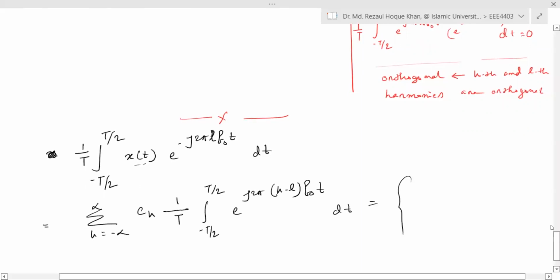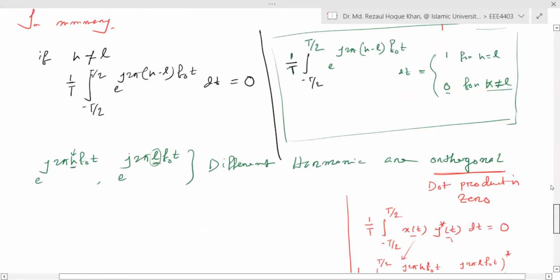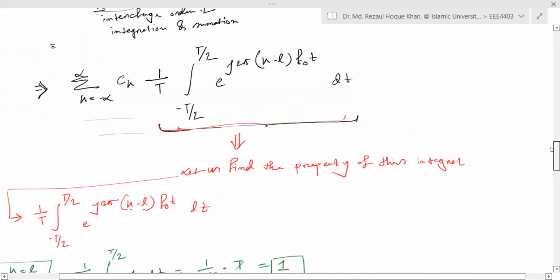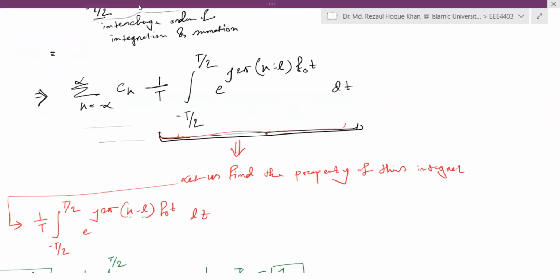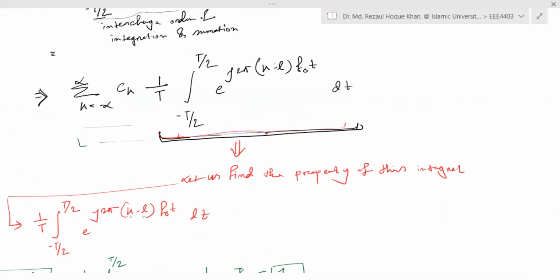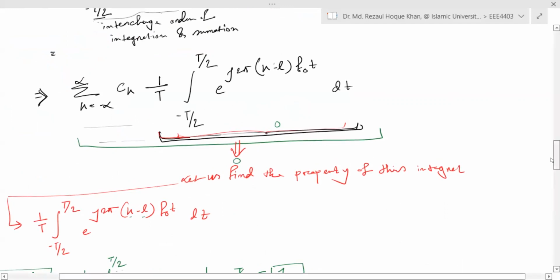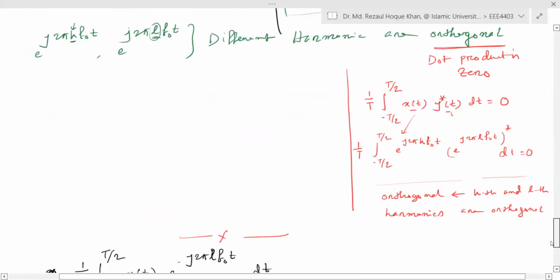For example, we already know the value of this one. So what is the complete value? Now we write the whole one. What is this value? If this becomes 0, the whole equation becomes 0, right? Okay, so this is actually 0.